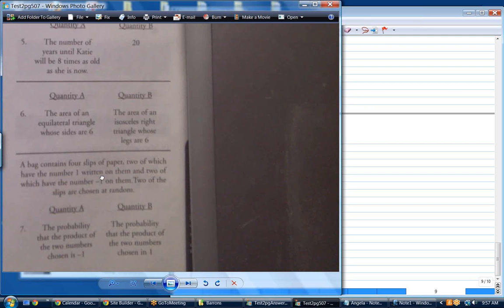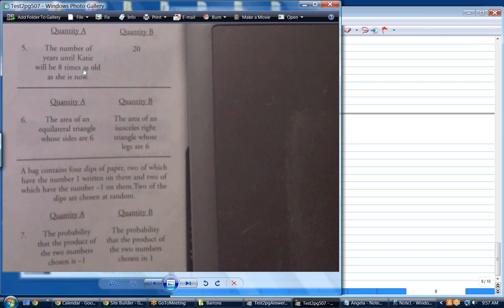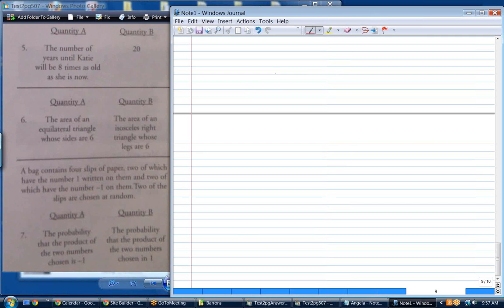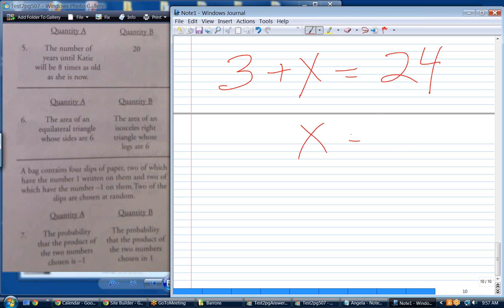In other words, algebraically, I would have said she's 3 right now plus x, and that's going to be equal to 8 times 3, 24. So x has to be 21, so the answer is 21, and then I can compare that to 20. So that's one way to solve the problem.